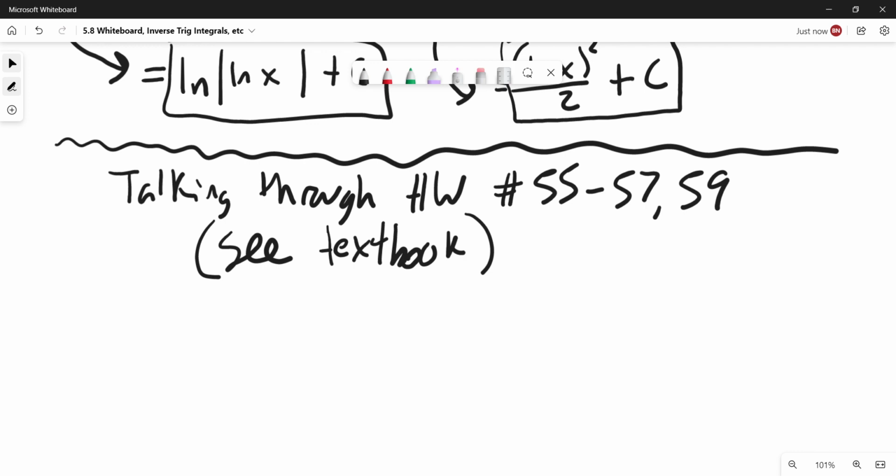There's no way that we're making that fit this form when we only have an x in the numerator. So I'm making my u 1 minus x squared. That seems promising. If I use 1 minus x squared, derivative that's negative 2x. That's a constant multiple of x, the numerator. Great. So I just need a negative 2 in the numerator. So that means I need a negative 1/2 outside.